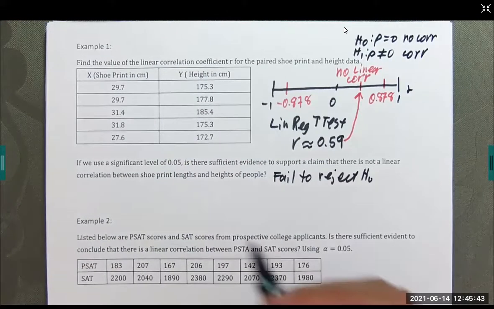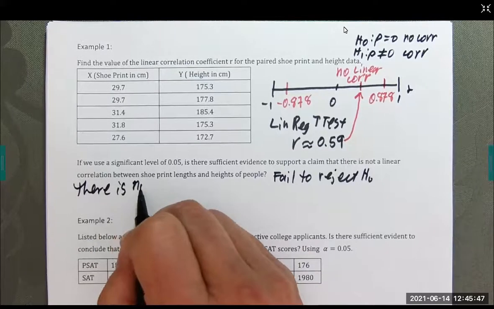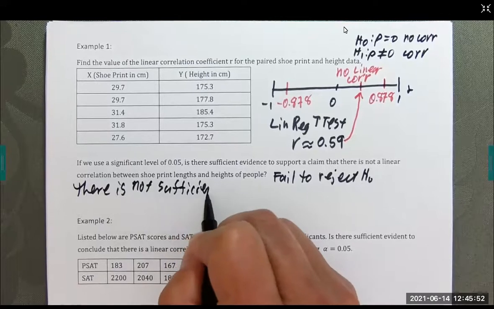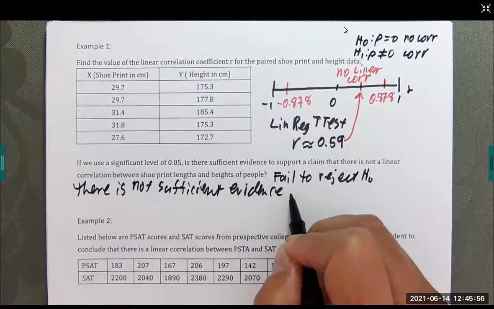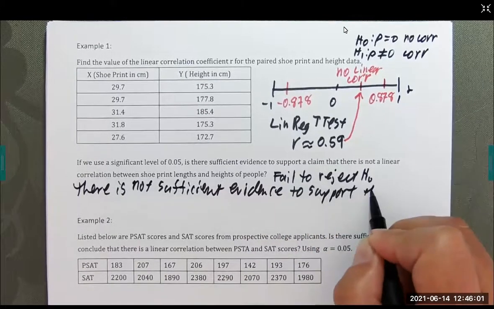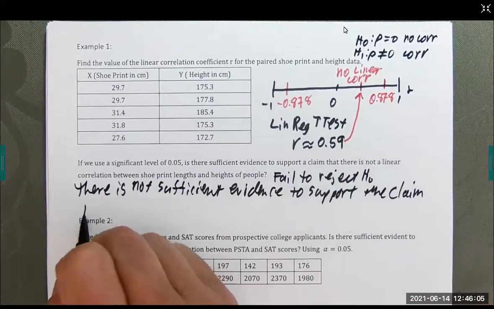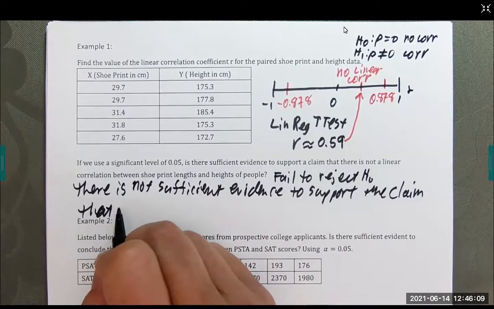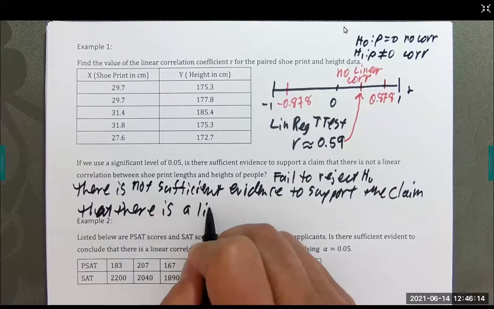So there is not sufficient evidence to support the claim that there is a linear correlation.